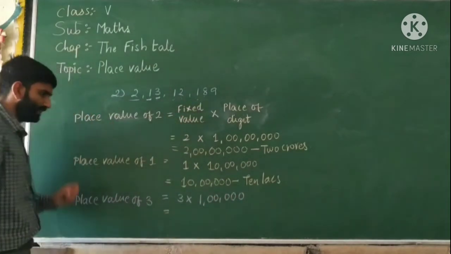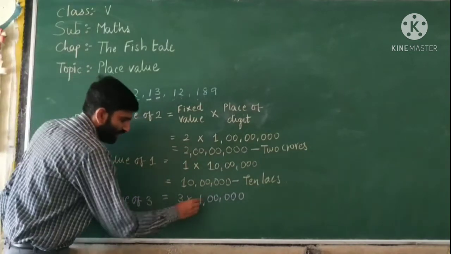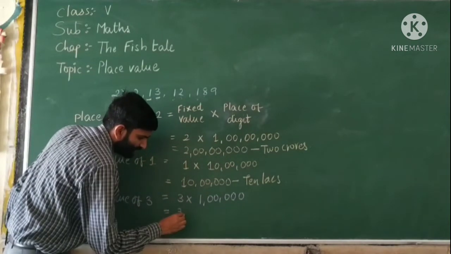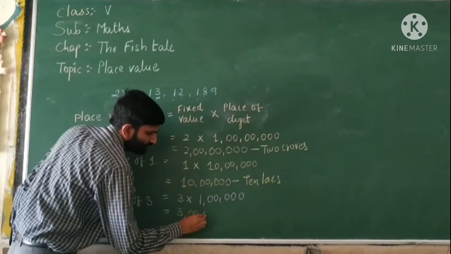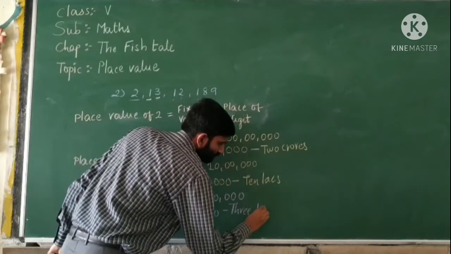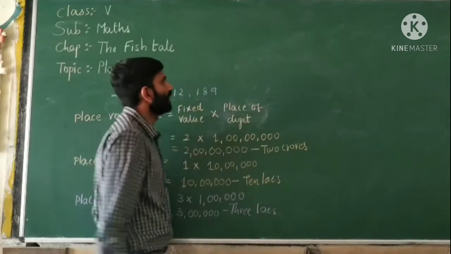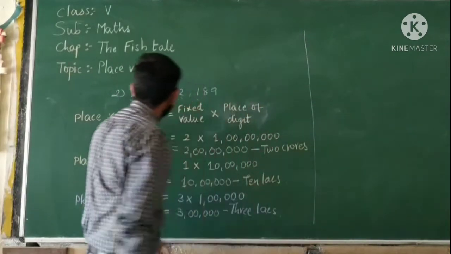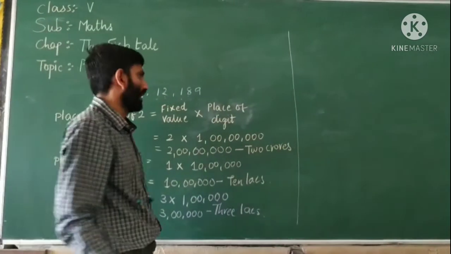Now if we multiply these two numbers, what will be the answer? 3 into 1 is 3. We will add the zeros after 3, that is 3 lakhs.